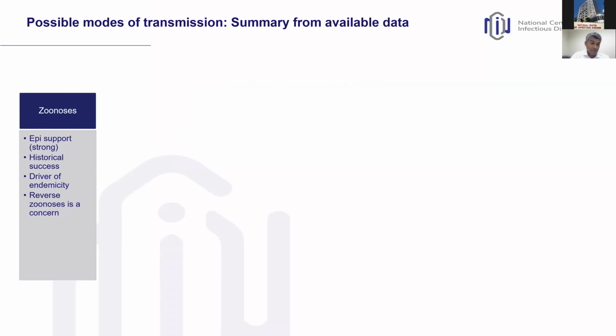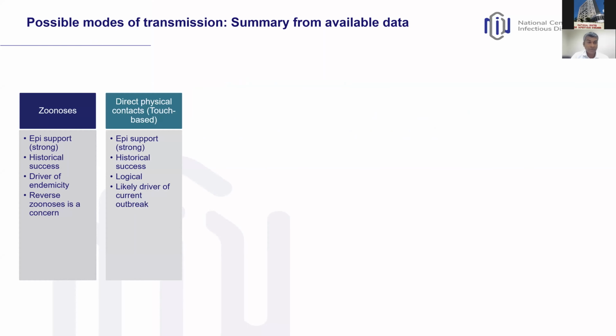Zoonosis is uncontested. There's strong epi support and historical success of controlling the virus or linking the virus to zoonotic origin. It's a driver of endemicity, and that's why most of us are concerned about reverse zoonosis during the current outbreak.